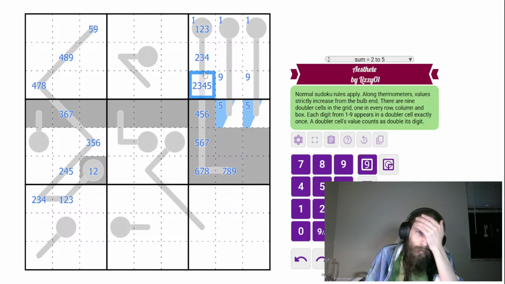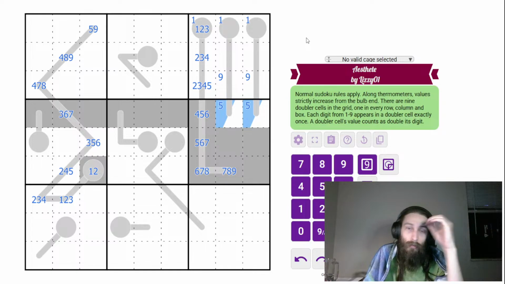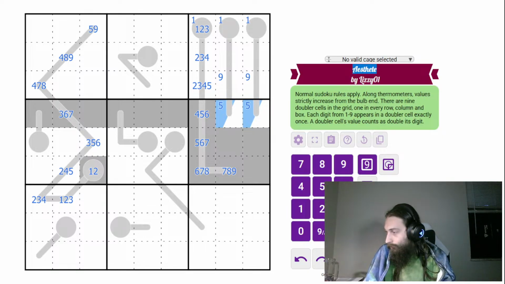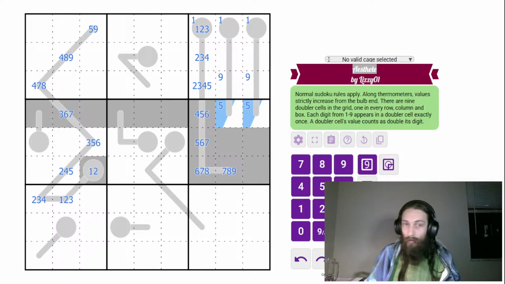We have a 2 that's doubled into a 4. We force that to be a 3 and a 1. But still theoretically possible. Put the link in the chat.